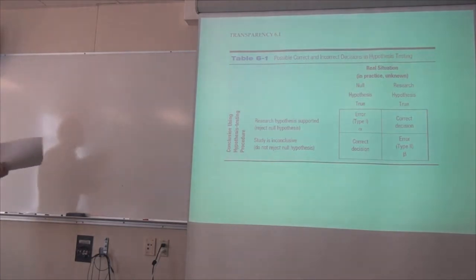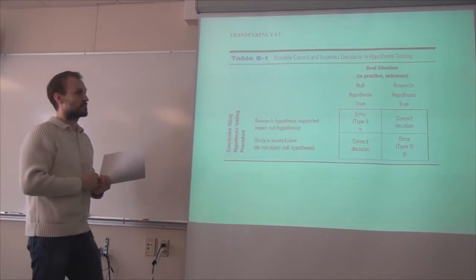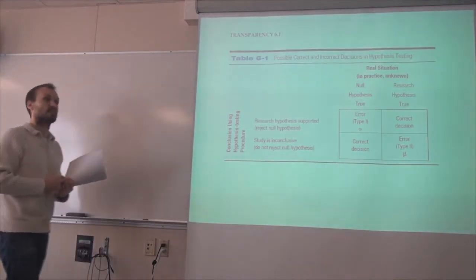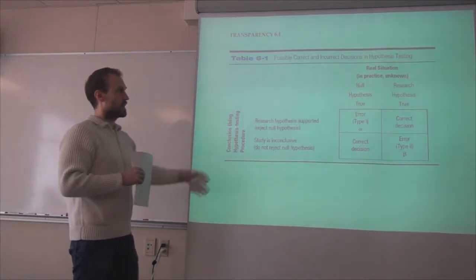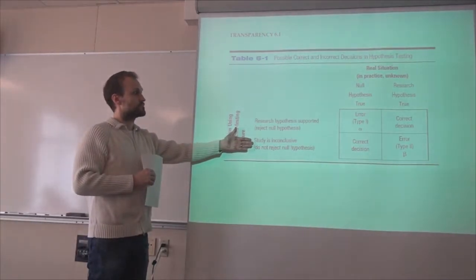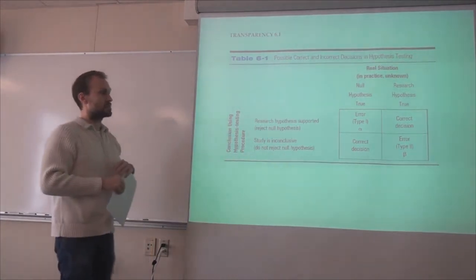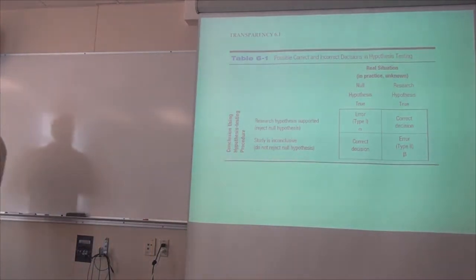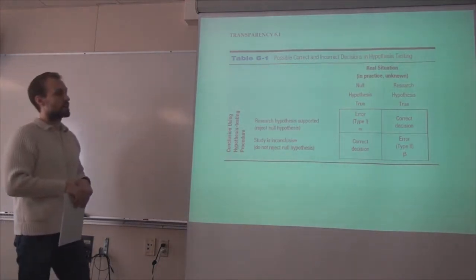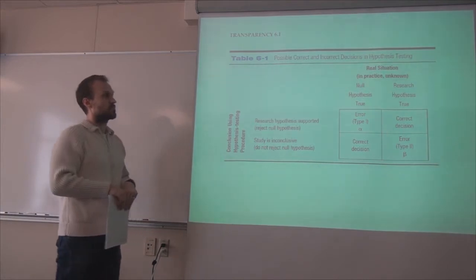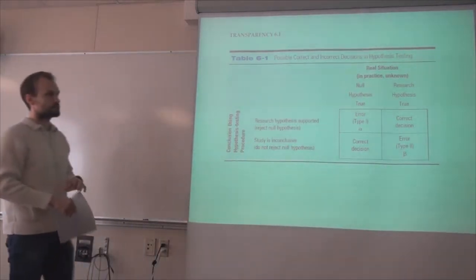We just got something a little extreme, suggesting that there was a significant enough change, but in truth there might not have been. Or the null hypothesis could be true, and we get a sample that doesn't give us a very extreme value. And we say that it's inconclusive, meaning we don't reject the null hypothesis. The evidence isn't strong enough to reject the null hypothesis, so that was the right decision in that case.